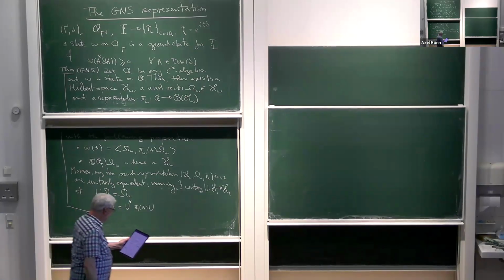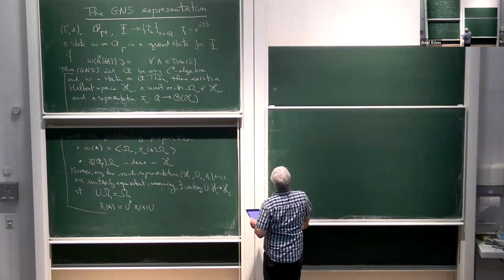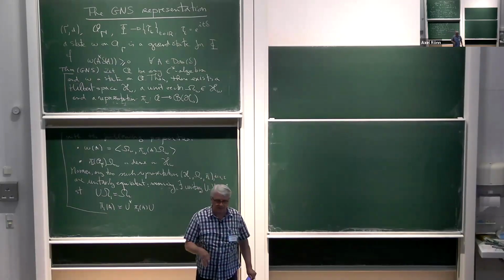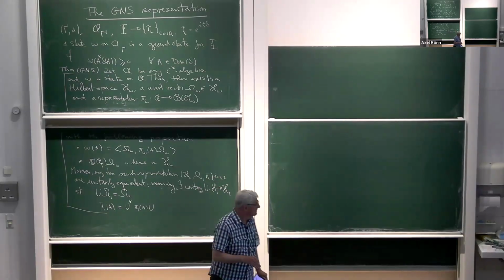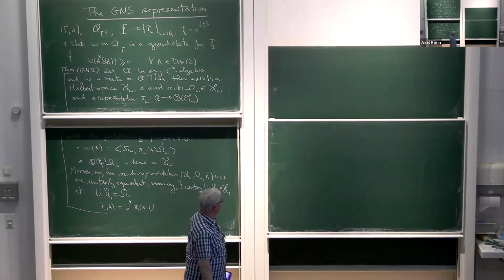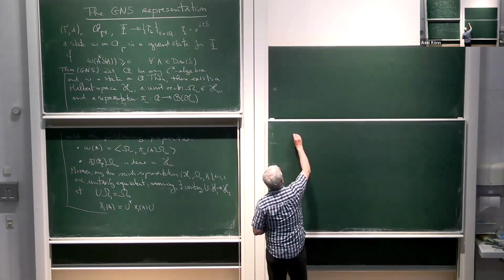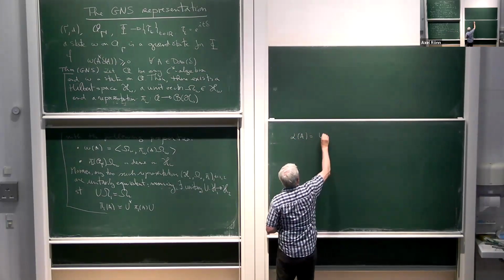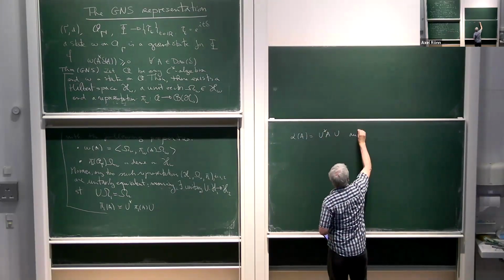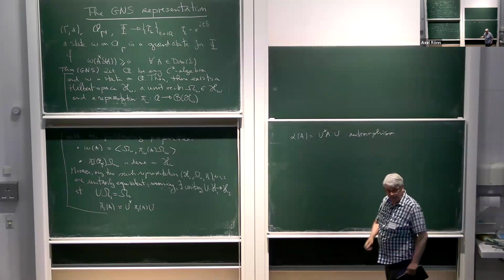Okay, so I'll give you directly now an application. Symmetries in quantum mechanics and in finite systems are given by unitaries that commute with the Hamiltonian, the interaction defining the Hamiltonian. You can also define them on the observables as an automorphism. And for finite systems, that's the same thing.